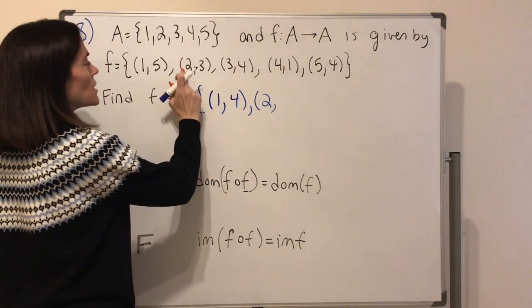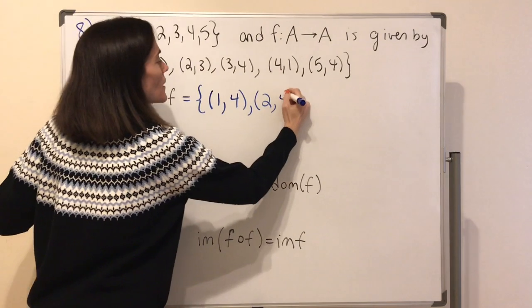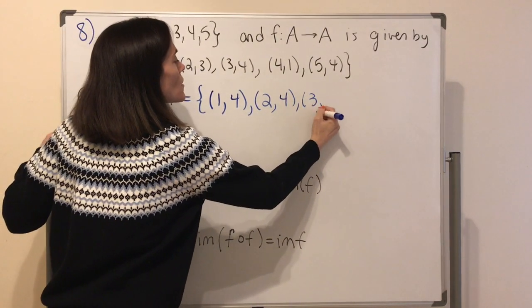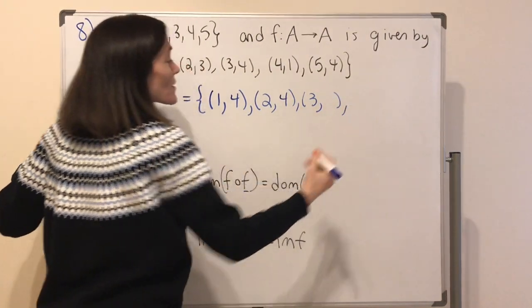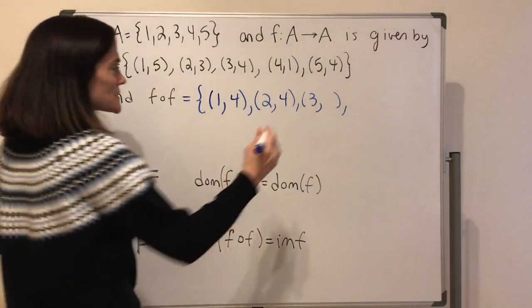Okay, so 2 goes to 3, 3 goes to 4, and then I need to figure out where 3 goes, where 4 goes, and where 5 goes, and then I have f compose f.